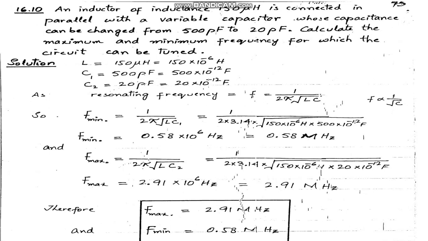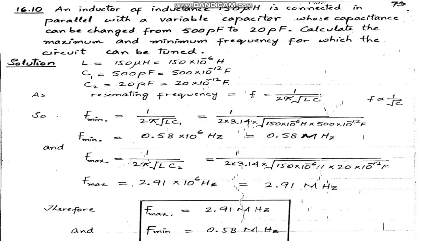We can write this value 150 multiplied 10 to the power negative 6 H. Capacitance C1 is equal to 500 picofarad, that is 500 multiplied 10 to the power negative 12 farad. Capacitance C2 is equal to 20 picofarad, that is written as 20 multiplied 10 to the power negative 12 farad.